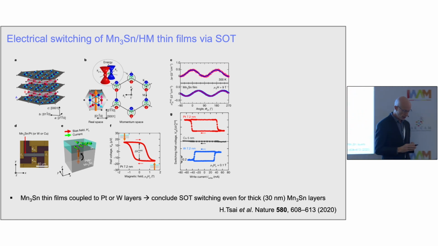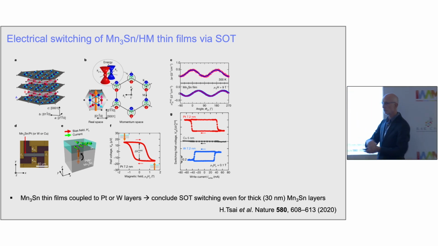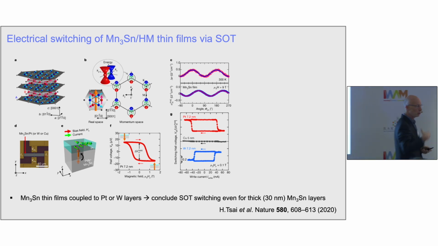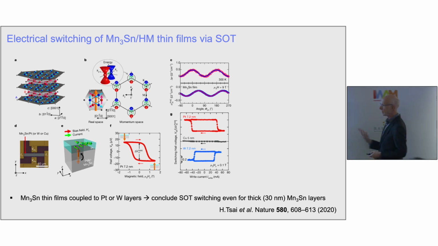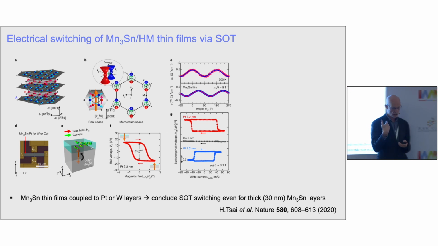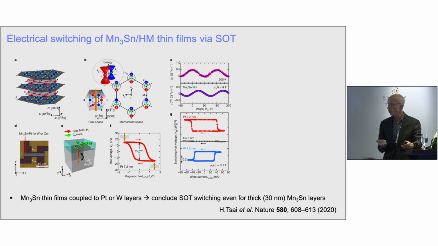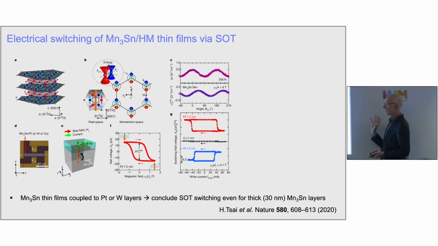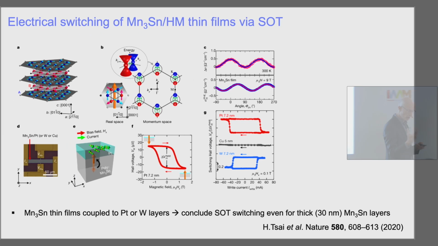Their point is that they claimed it could be switched even when the thickness of this Kagome thin film is way beyond the spin diffusion length. They're switching it by coupling a thin film of this system with a heavy metal, platinum or tungsten. Then you pass a current through those heavy metals, and through the spin Hall effect it generates a spin current that diffuses into this material, and they argued that could switch enormously thick layers beyond spin diffusion lengths.